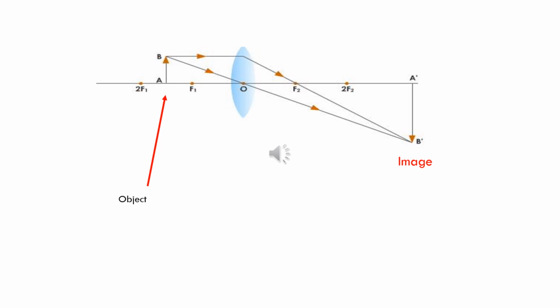Then the image is formed on the opposite side of the lens at a distance greater than twice the focal length. The characteristics of the image are: inverted image, magnified image and real image.